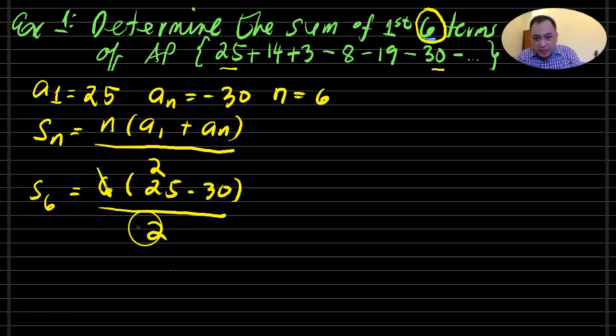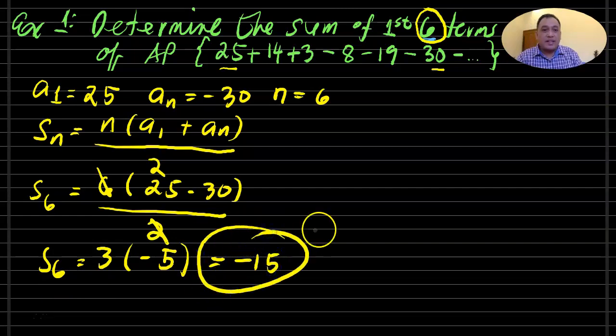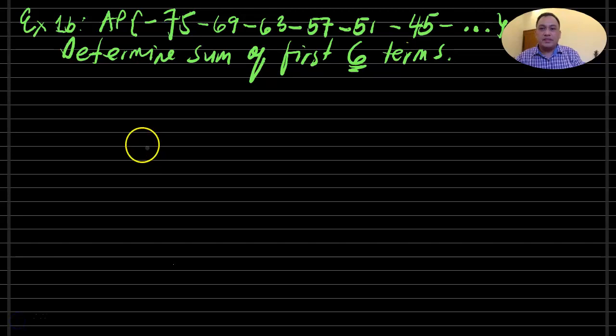I can cancel this, so it becomes 3 times negative 5. So my S6 is negative 15. That's the answer. See? Easy, yeah? Okay, this is example 1.